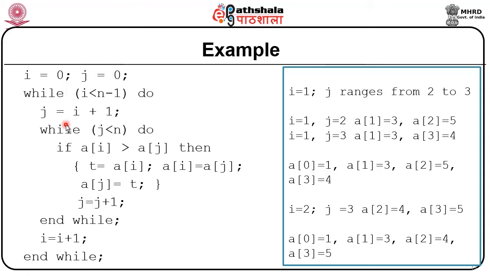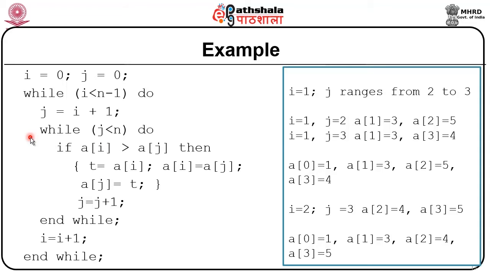So, when the value of i equal to 1, j will be 2 and 3. A check is made whether the value of a[1] is greater than the value of a[2]. No. Next, the value of j will be 3.